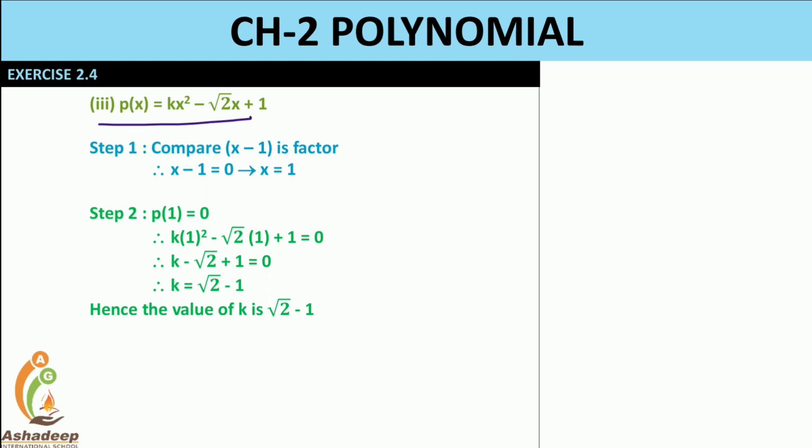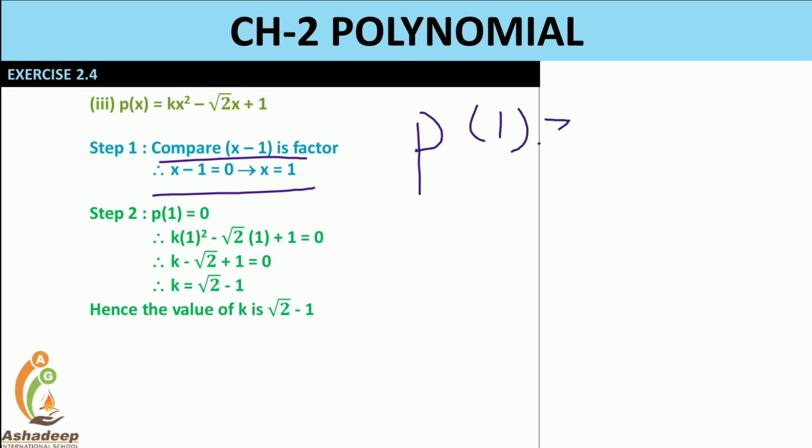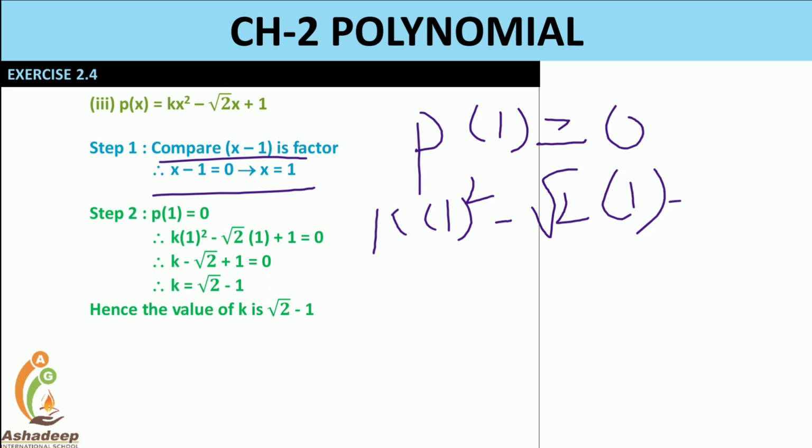Here the same thing, compare x minus 1 with the 0. X is equal to 1, so therefore P of 1 is equal to 0. So k into 1 square minus square root of 2 into 1 plus 1 is equal to 0.